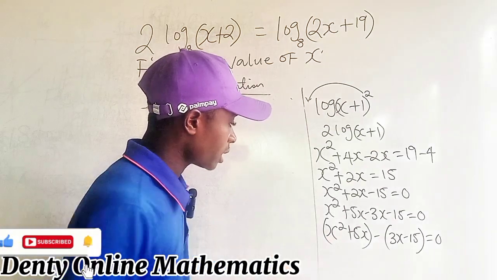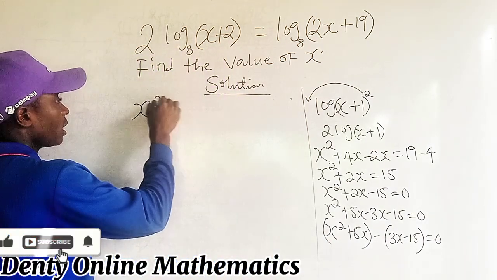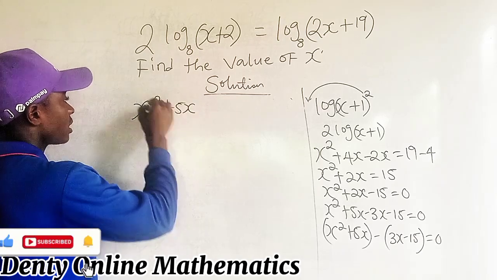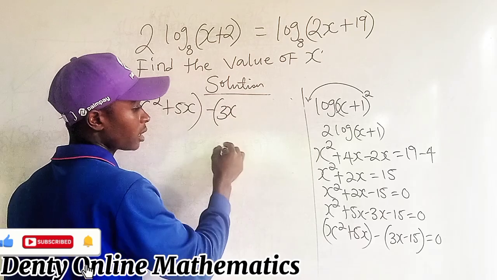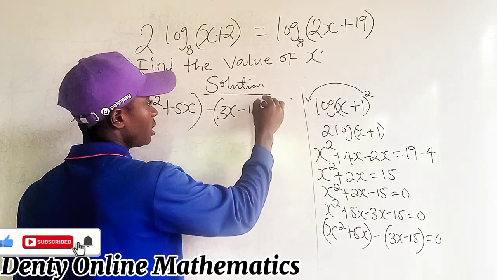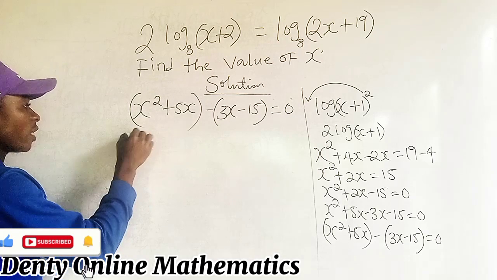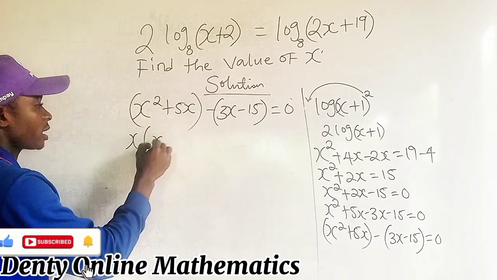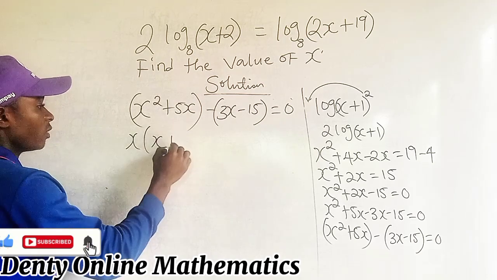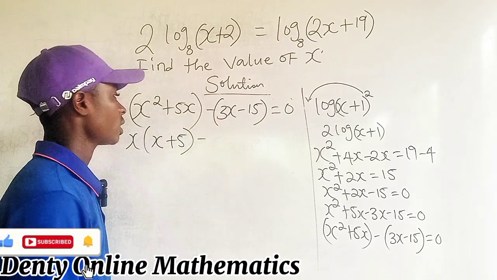Alright, so doing this now, we have x squared plus 5x, and I also have minus (3x plus 15), equal to 0. What is common here is x, so I'll factor out x. So x squared divided by x will give us x, and 5x divided by x will give us 5. Minus, what is common here is 3.